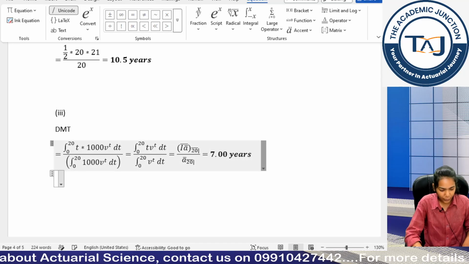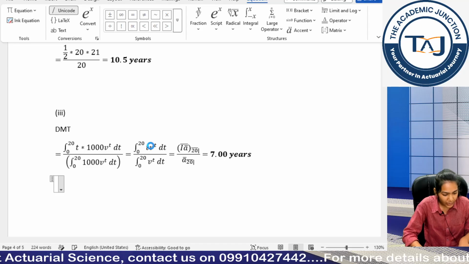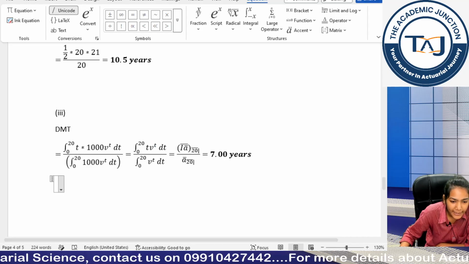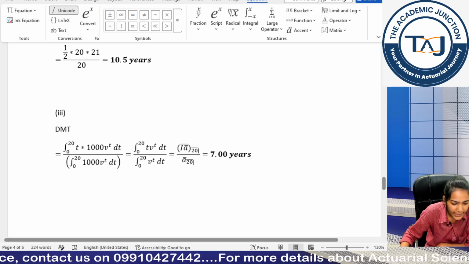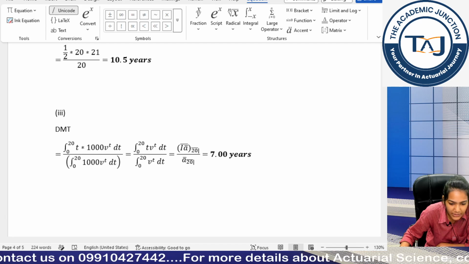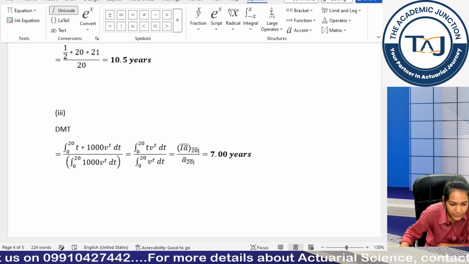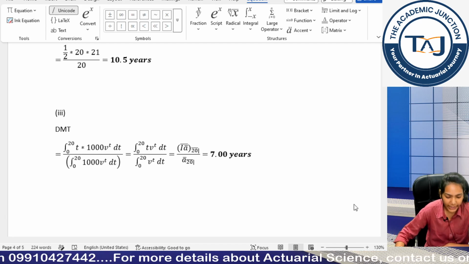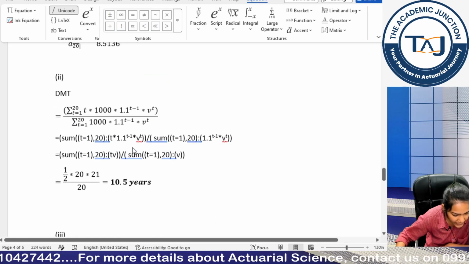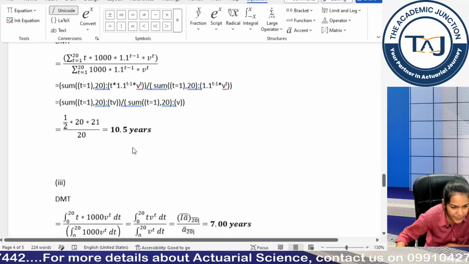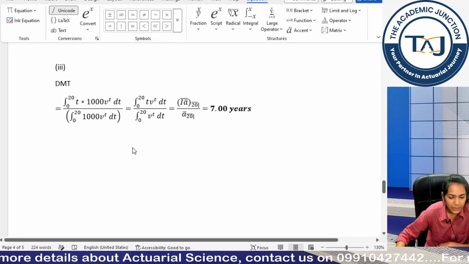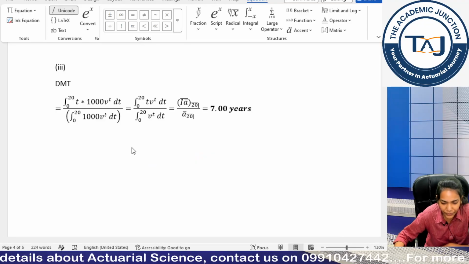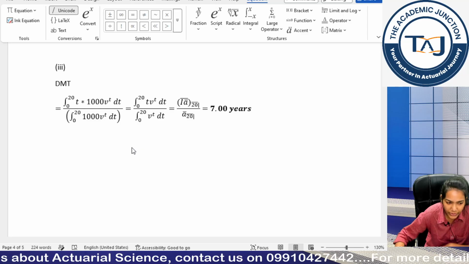This is up to you for calculation. Clear, guys? Any problem? Any problem in this question, anyone? Quickly tell me. We have covered basically DMT of 3 different types which can be given in the exam, and DMT is most difficult to type, I guess, in the term structure of interest rate.